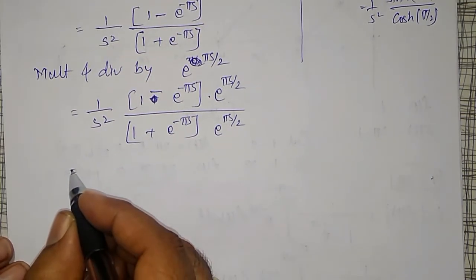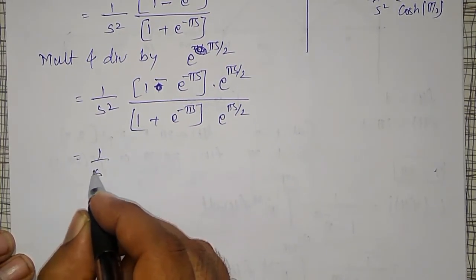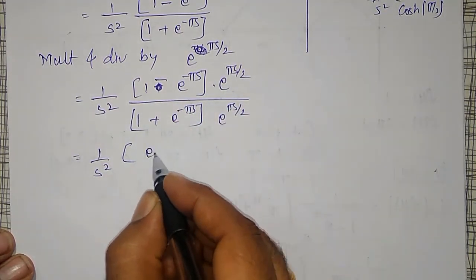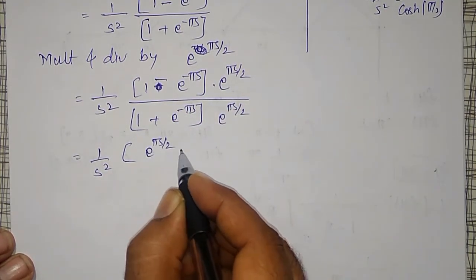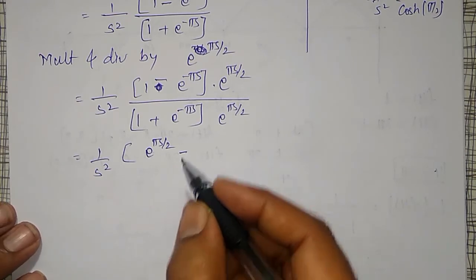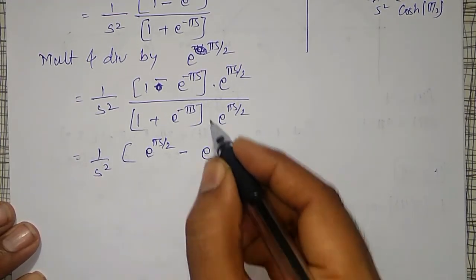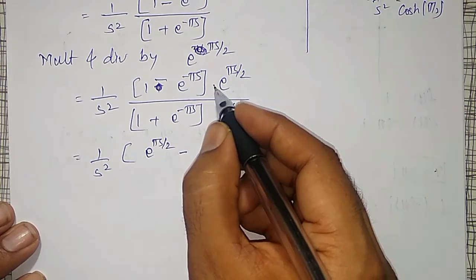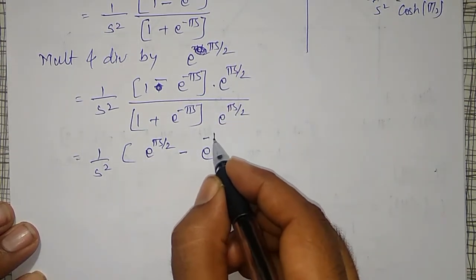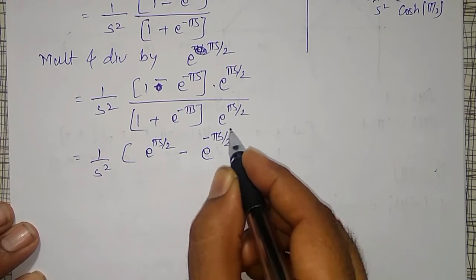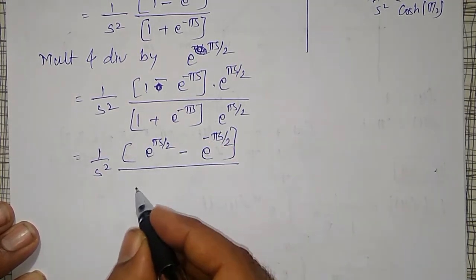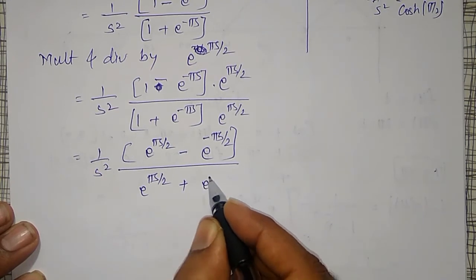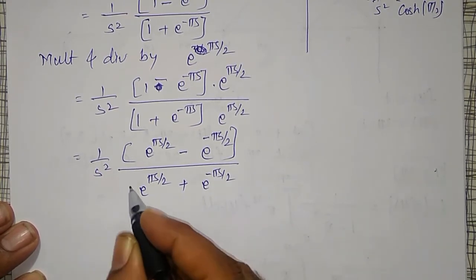After multiplying that, I am going to get 1 by s square into e to the power pi s by 2 minus e to the power minus pi s divided by 2 in the numerator. Same thing in the denominator, e to the power pi s divided by 2 plus e to the power minus pi s divided by 2.